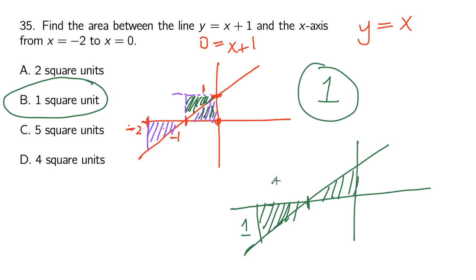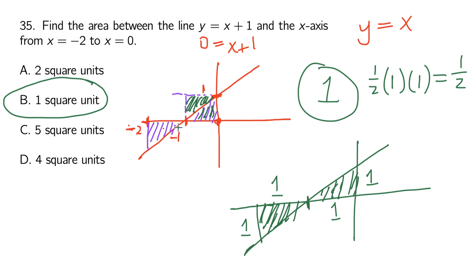This is 1 unit. This is 1 unit. This is 1 unit. So if you use the rule for finding the area of a triangle, which is half base times height, then you have half, the base is 1, the height is 1. So half 1, 1, which is equal to half. So this area is half. This area is also half times 1 times 1. That's also half. So half plus half is 1.